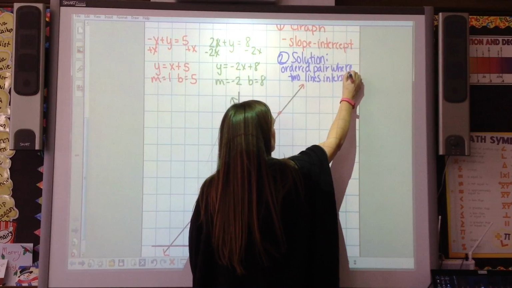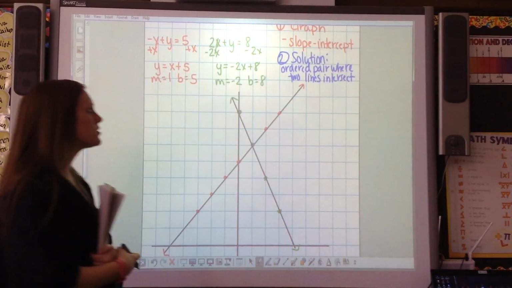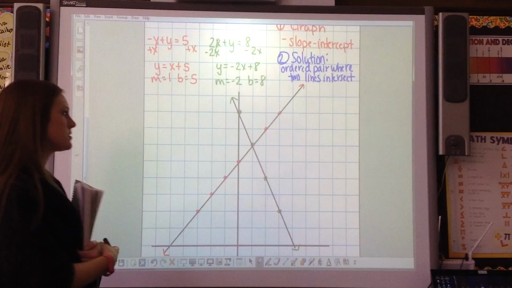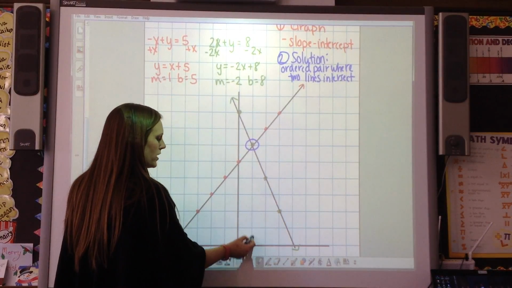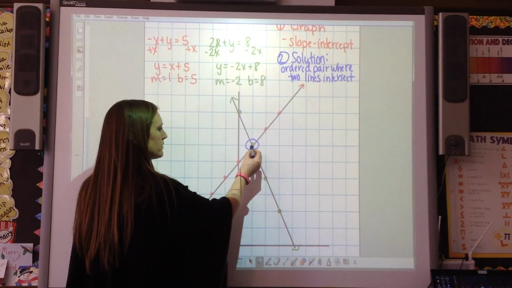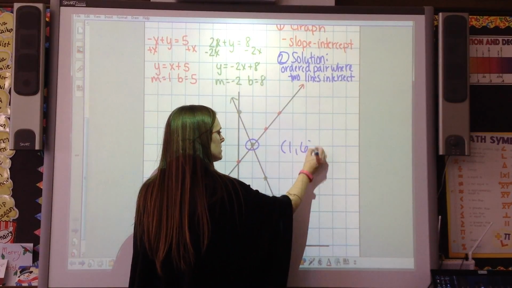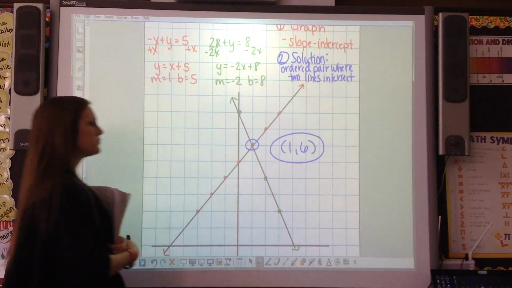So right here is where the two lines intersect. That ordered pair is 1, 6. This is our answer, right here.